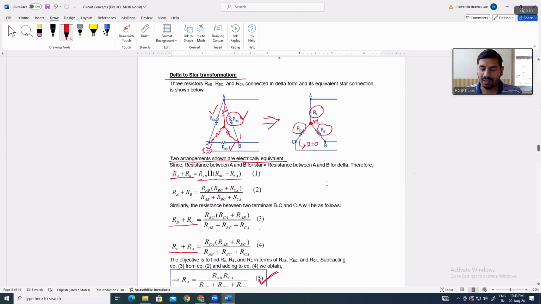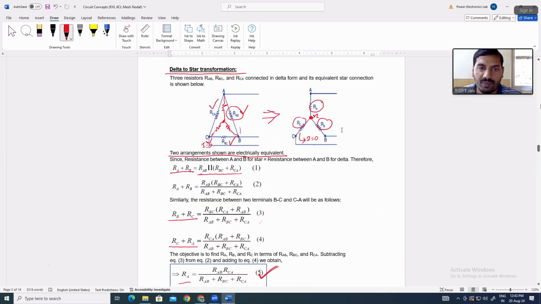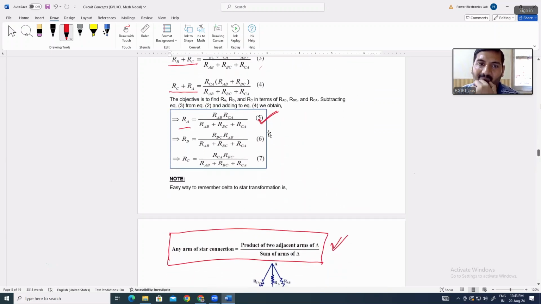If the element values are same, okay, this is delta to star conversion.